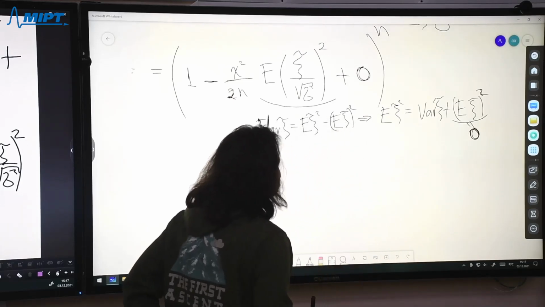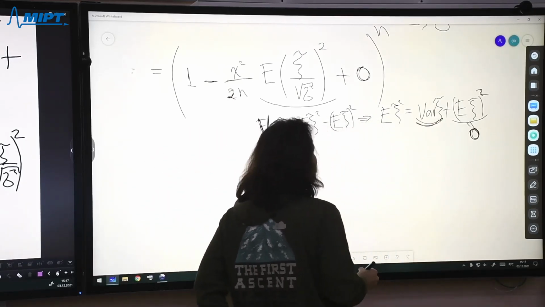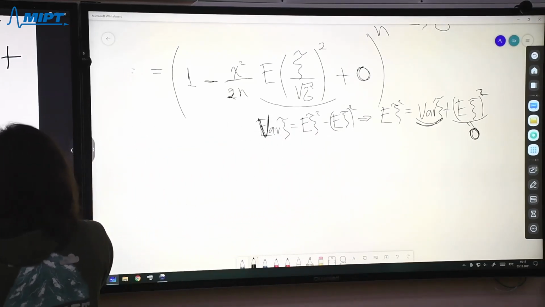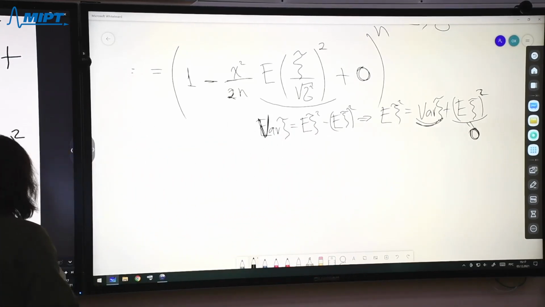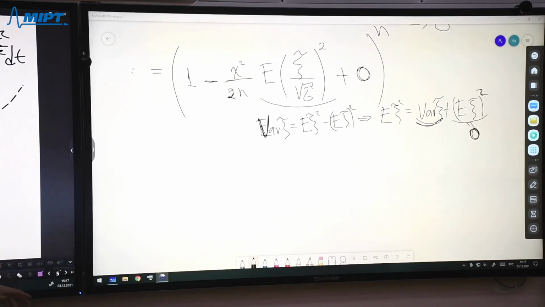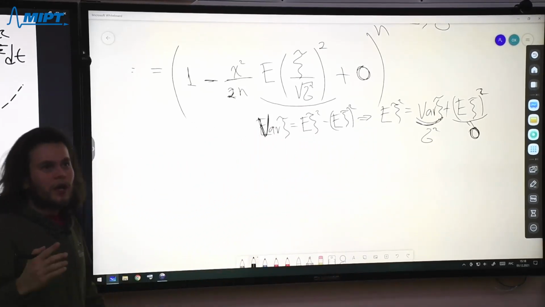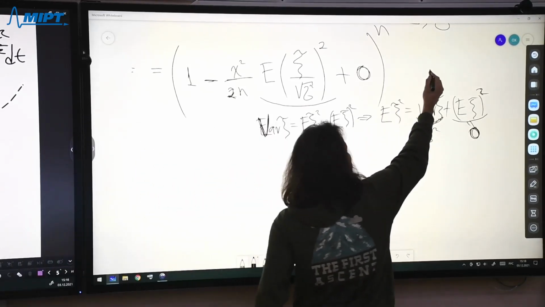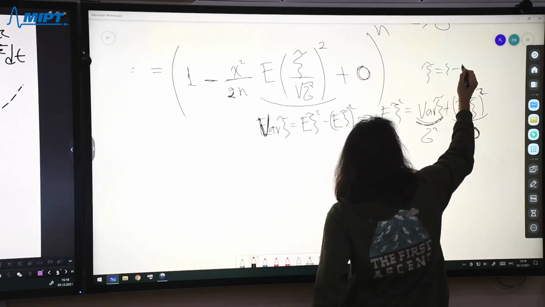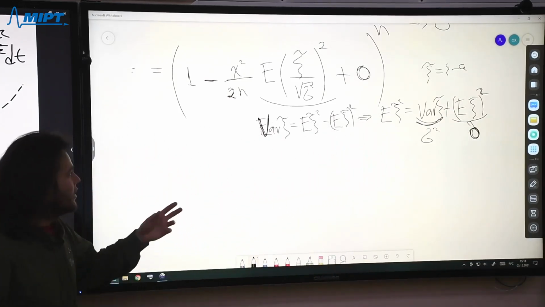right? And what is the variance of psi overline? We know that it is sigma squared, right? Because psi overline is just psi minus a, so the variance doesn't change, right? And the variance of psi is sigma squared.